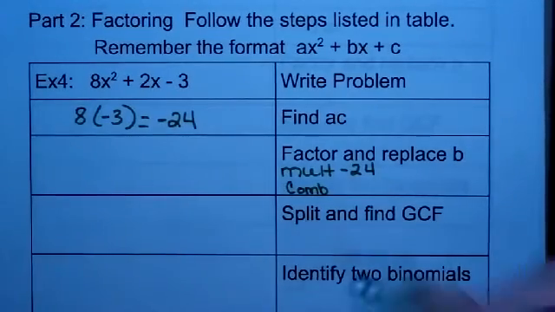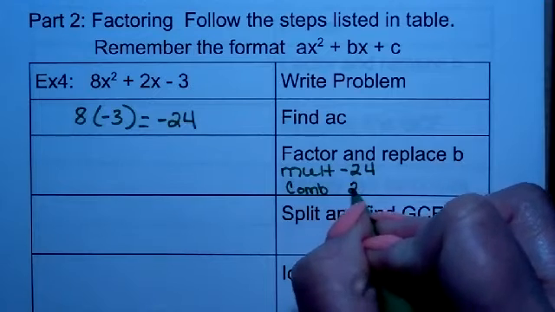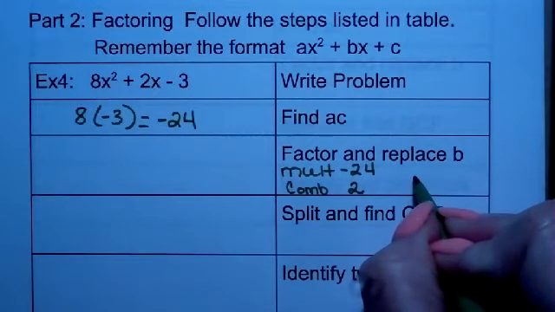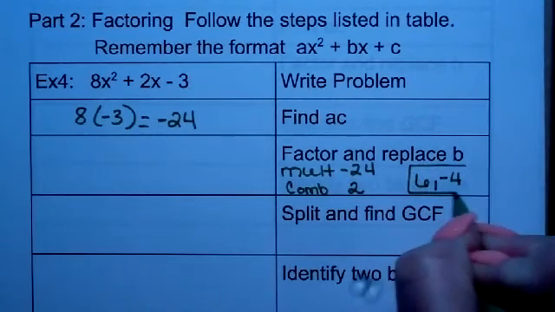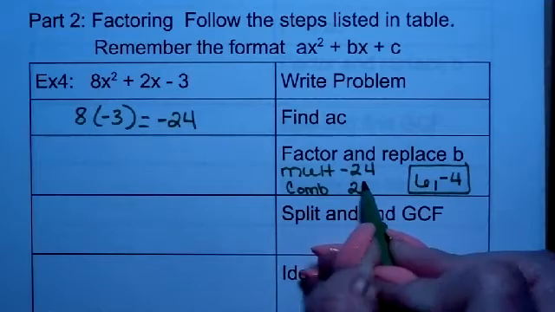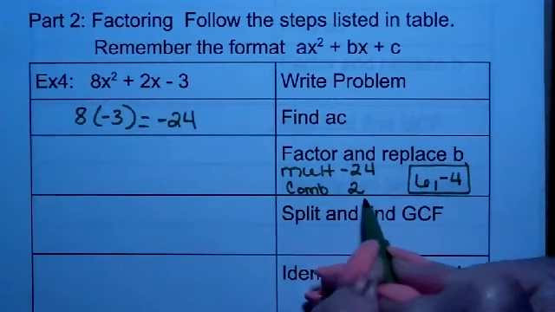But to combine like terms to give me a positive 2. Okay, those two numbers are going to be 6 and -4. Because think about that. 6 times -4 is -24, but 6 plus -4 or 6 minus 4 is +2.